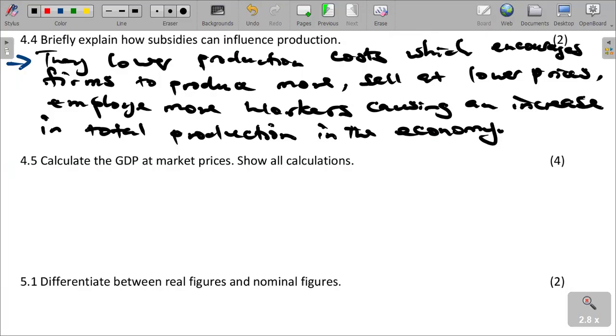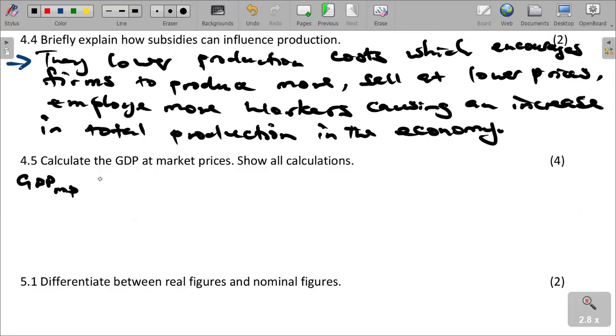And then 4.5, calculate the GDP at market price. What we need to understand is that GDP at market price is given as MP.